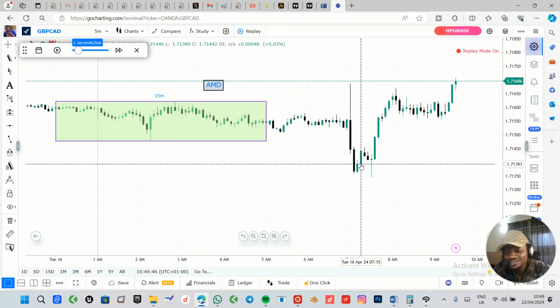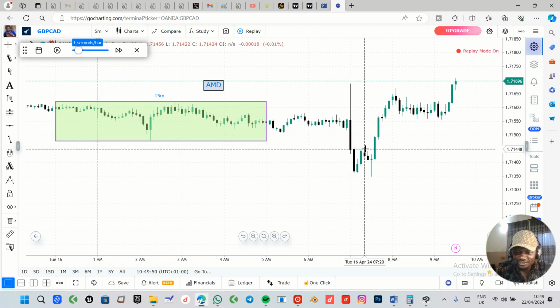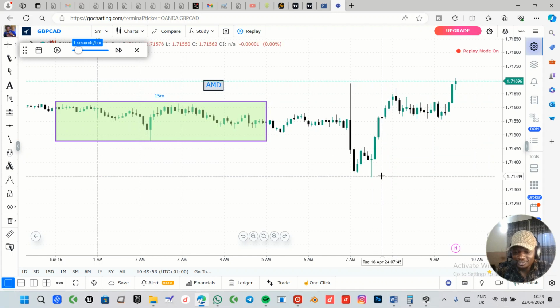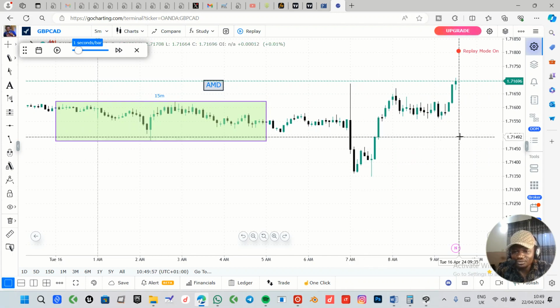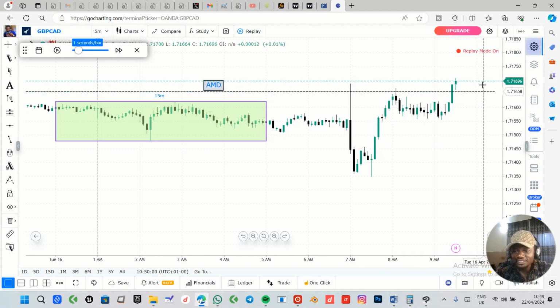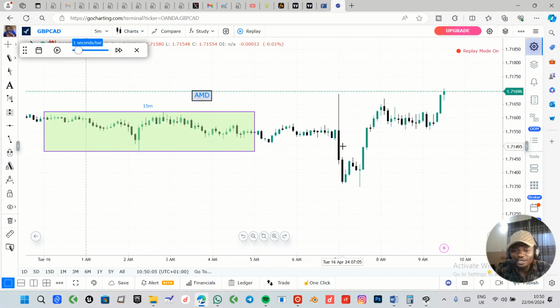For ICT, they will have to wait for a confirmation, to form this W pattern, a break and retest, of which this is a breaker block. They wait for it to retest, and then they will take their trade to the upside. But for me, a fundamental trader, what I'm going to do immediately I see this, look at it guys, is that I just want to get the money and get out of the market. So this is what I will do.